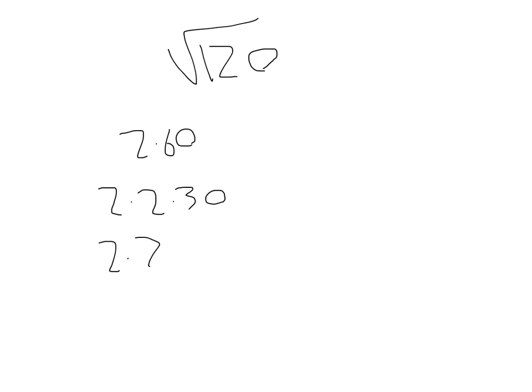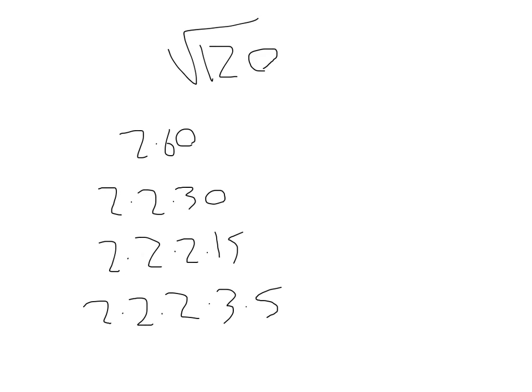The square root of 120 simplified is 2 times 60, which is 2 times 2 times 30, which is 2 times 2 times 2 times 15, which finally comes down to 2 times 2 times 2 times 3 times 5.